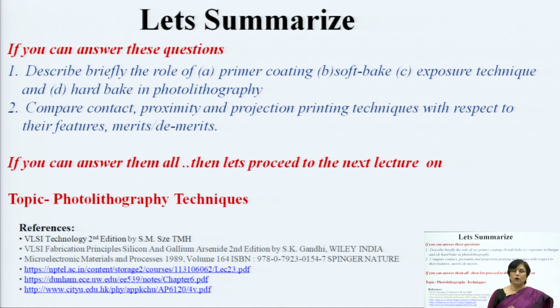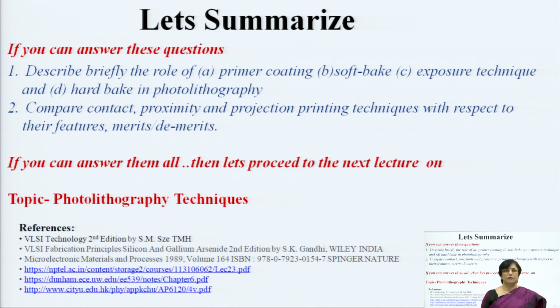Subsequently, we saw the hard bake process, which is post exposure bake, to ensure that there is no moisture or solvent left, and the hard pattern of PR exists on the wafer surface for subsequent processes to be carried out.